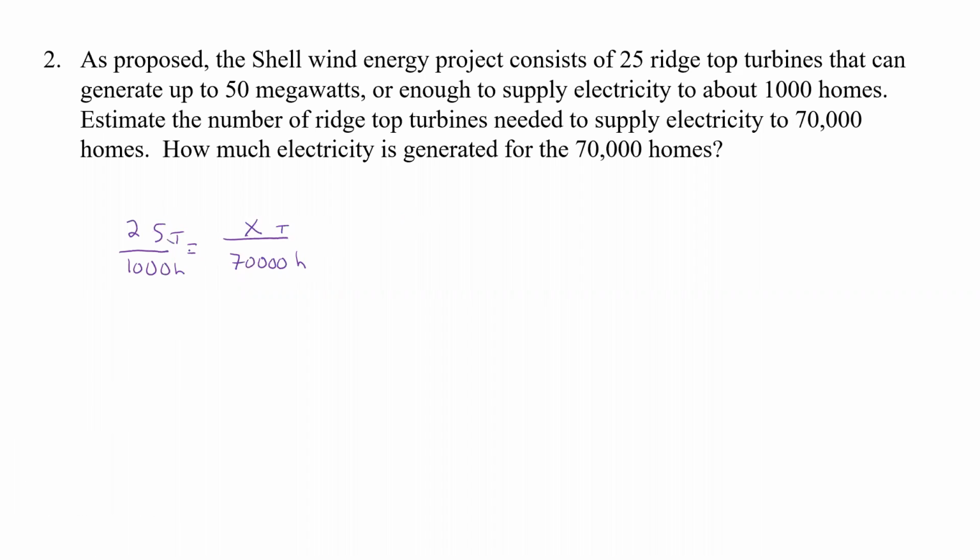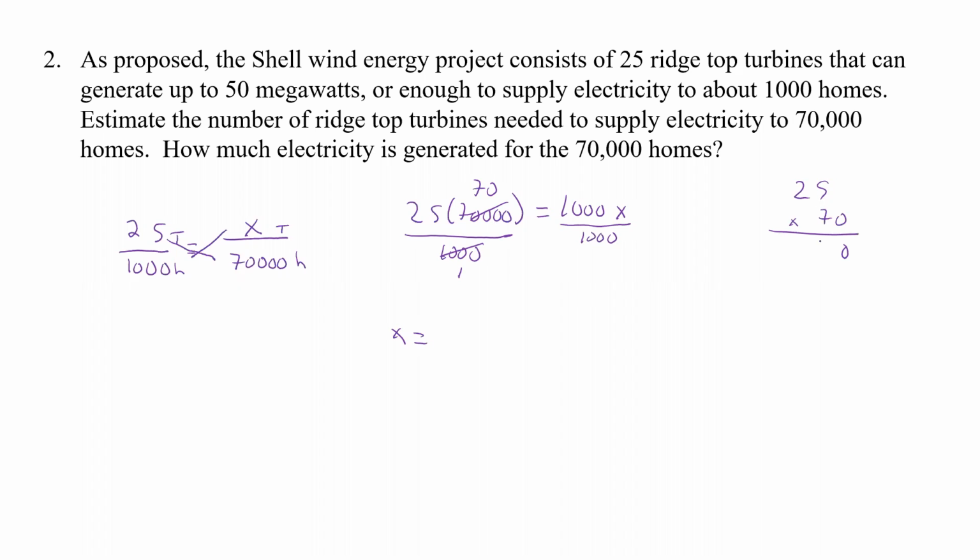And so our cross product is going to be 25 times 70,000 equals 1,000x. Well, that's pretty easy. If we divide by 1,000, well, 1,000 will go into here once, it'll go in here 70 times. So x is going to be just 25 times 70.